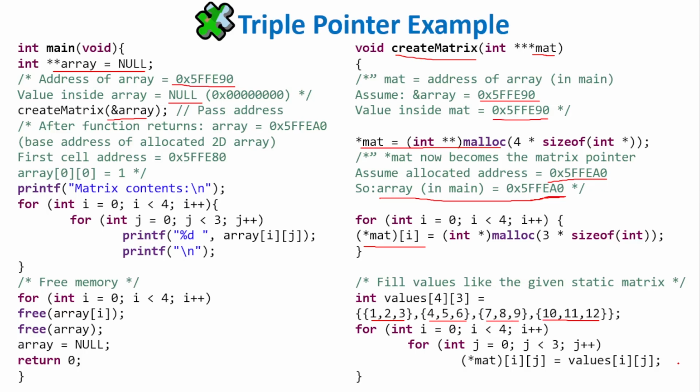After the function returns, array still holds 5FFEA0, which is the base address of the dynamically allocated 2D matrix, and the first cell array[0][0] contains the value 1.